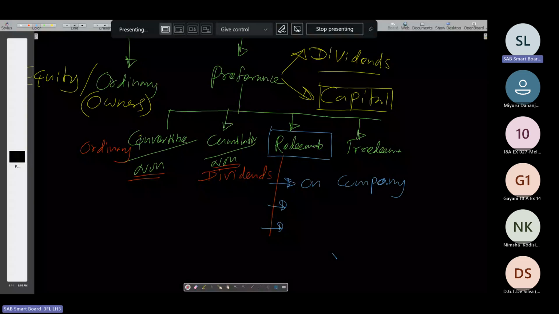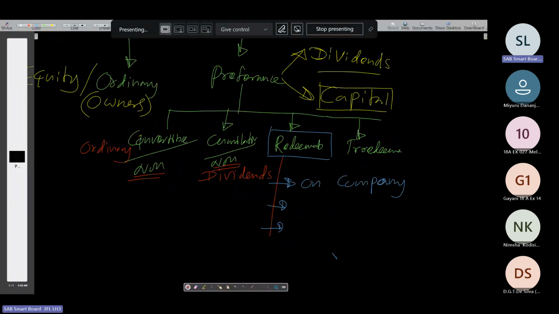And the company can redeem the redeemable shares on the option of the shareholder, when the shareholder requests to redeem the shares. And the third way is on the date specified in the articles of association.